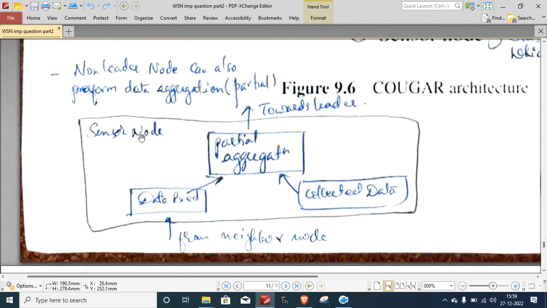So here inside a sensor node we have, that is, a sensor node can also be thought of as a non-leader node, and it can not just sense the physical phenomena, but also aggregate the data partially. So here it does the partial aggregation of collected data with the data being passed from the neighbor node, and in turn it passes it towards the leader node.